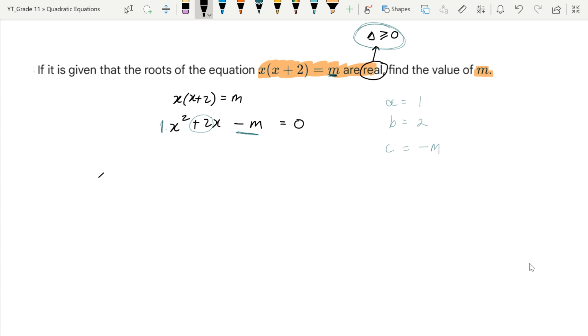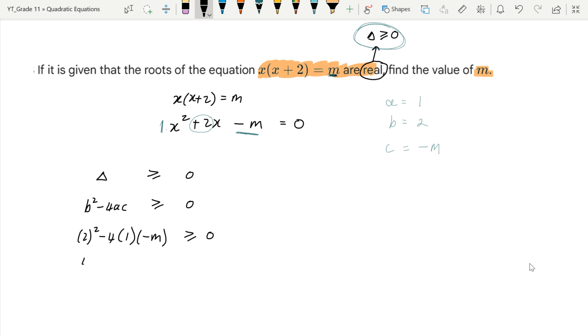We know that delta must be bigger or equal to 0. So now I'm going to replace my delta. I know that delta is equal to b squared minus 4ac, which is bigger or equal to 0. Setting it up like this with an inequality is key, I found. So b squared, 2 squared, minus 4a times c, and all of that will be bigger or equal to 0.